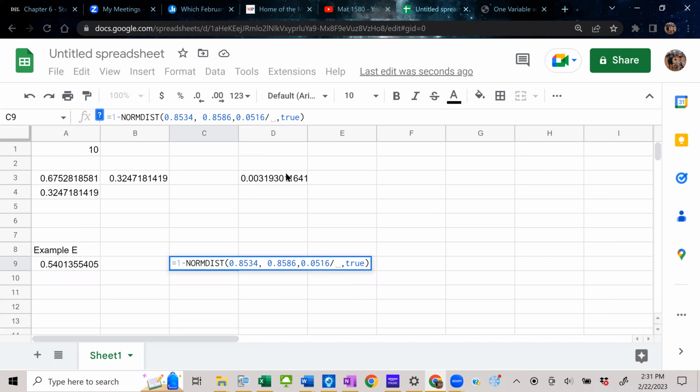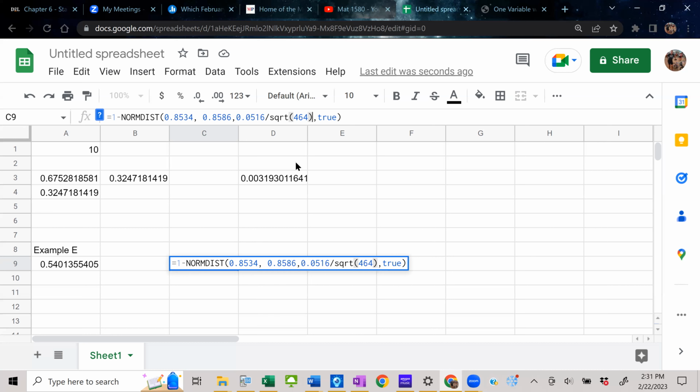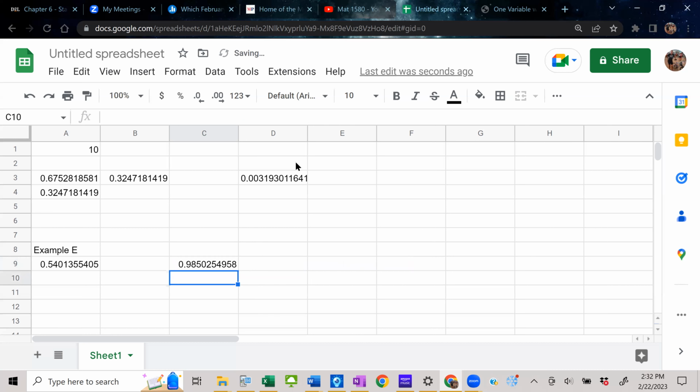So divided by the square root of 464. You need parentheses around either end of that square root. So when I press enter, I should get the new correct probability. It's probably a lot higher. It might even be 1. We'll find out. No, pretty close to 1.